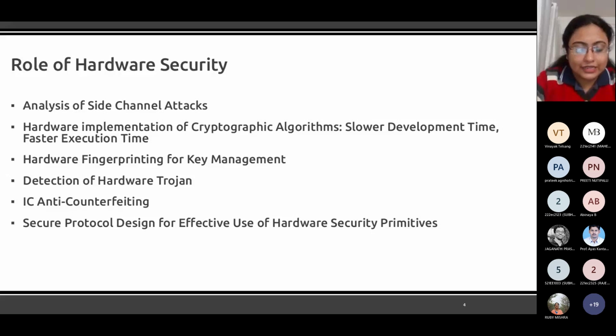Then it comes to IC anti-counterfeiting. Sometimes what happens is that, suppose I have a laptop which is quite old, maybe 7-8 years old. Now I sell it to some local vendor and I buy a new laptop. Now all the parts of the motherboard might not be bad. So what does this local vendor do? They take some ICs from the motherboard, which are basically aged ICs, because I have been using them for the last 6-7 years.